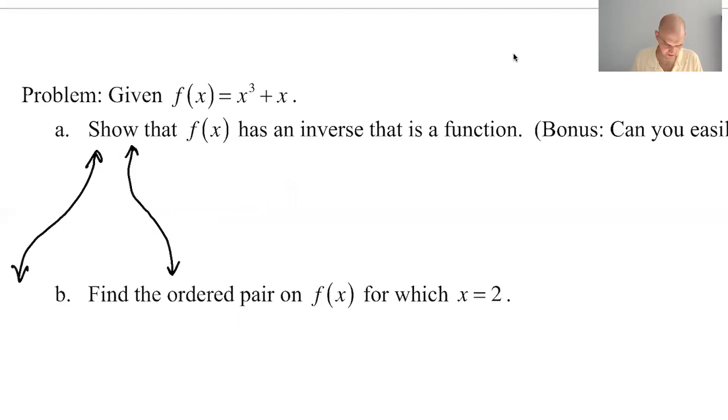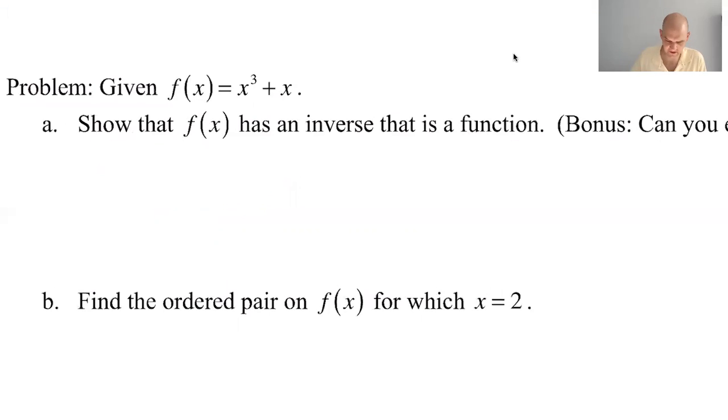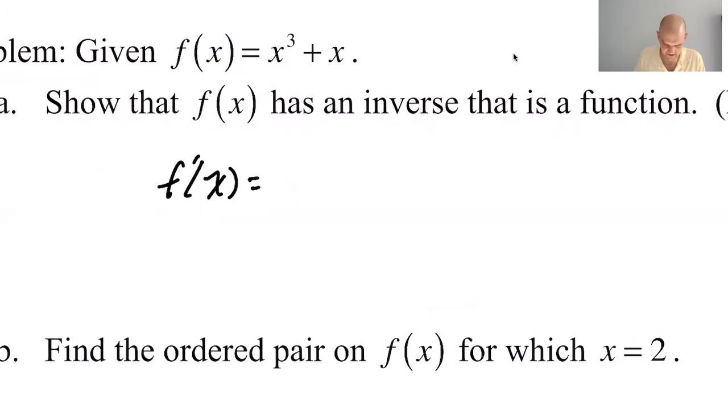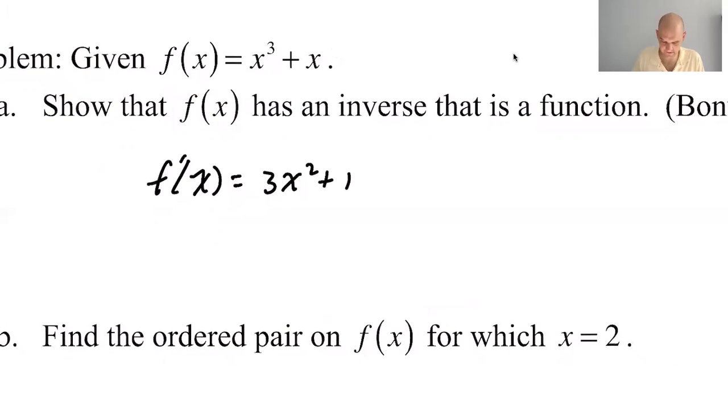So let me get this out of the way. I'm going to use that fact to answer this question. f prime of x is 3x squared plus 1. Well, 3x squared plus 1 is greater than 0 for all x.